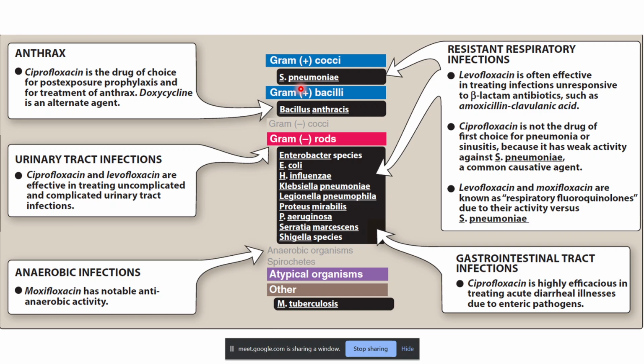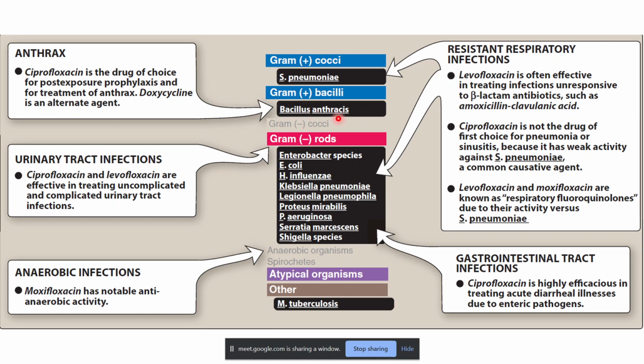Levofloxacin is most commonly used because it was specially developed for the treatment of pneumonia that cannot be treated with amoxicillin and other beta-lactam antibiotics. Moxifloxacin can also be used, but is more expensive and has the broadest spectrum of action.